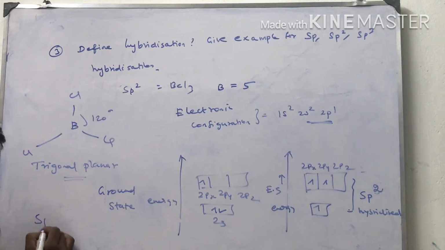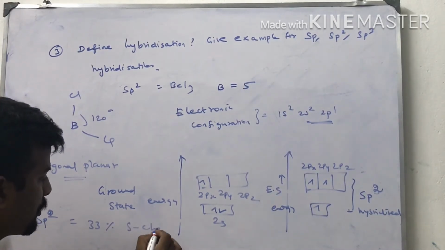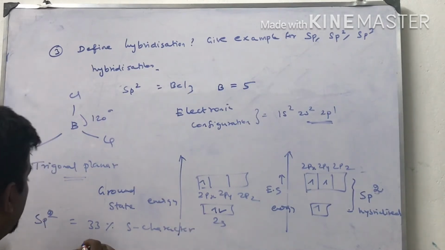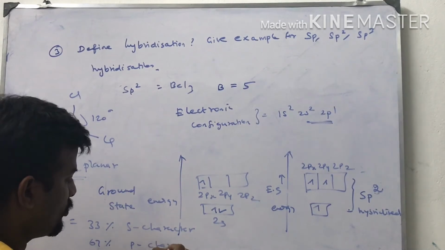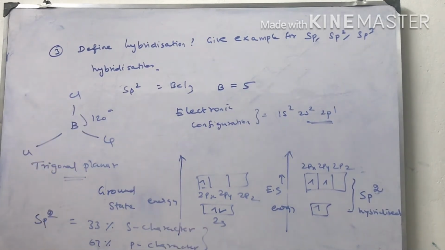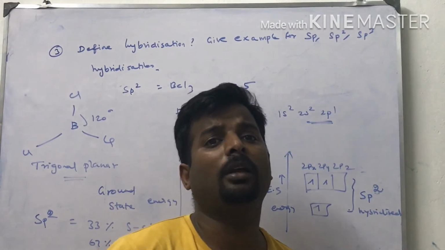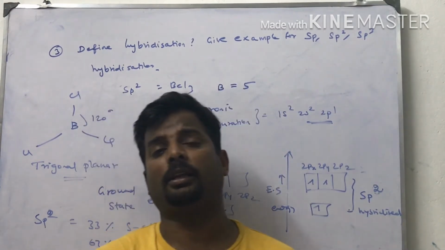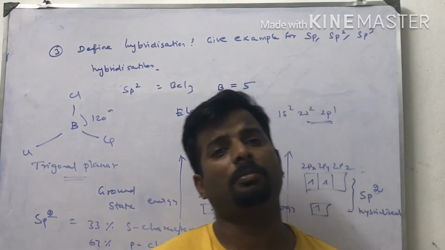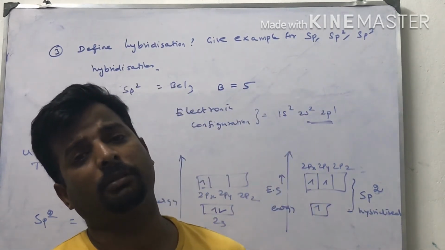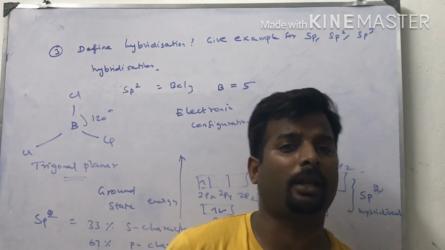So sp2 means 33% s character and the remaining 67% p character. Right, okay. Next, in boron trichloride, the chlorine atoms are arranged at the corners of an equilateral triangle to minimize the repulsion between the bond pair electrons.